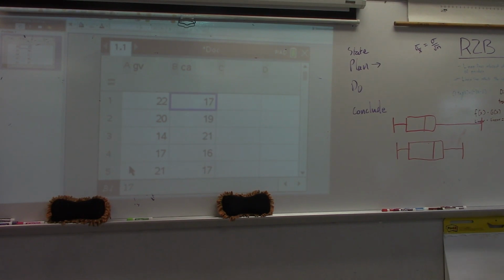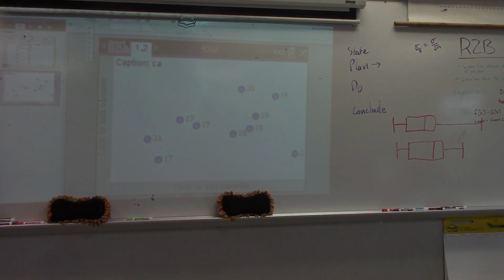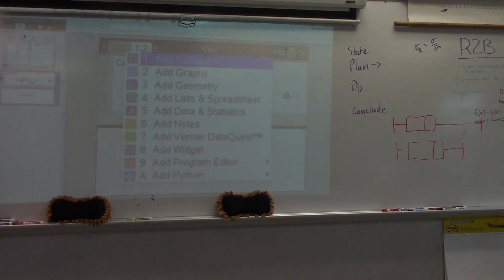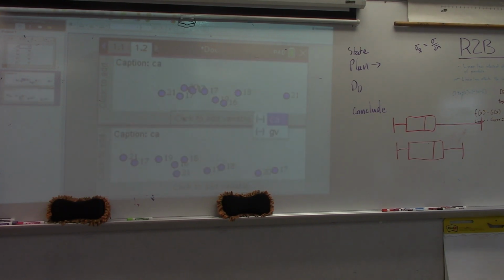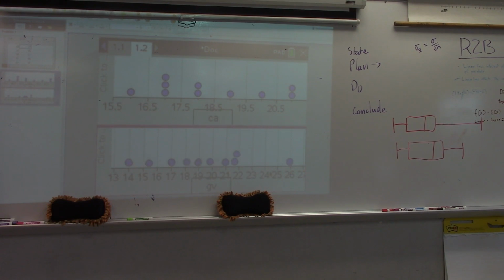Alright, while some of y'all are still finishing your data, I do want to show you this really quick. Notice right here, you can look at this dot plot, you can convert it to a box plot.